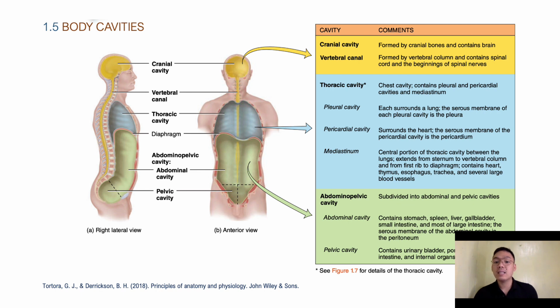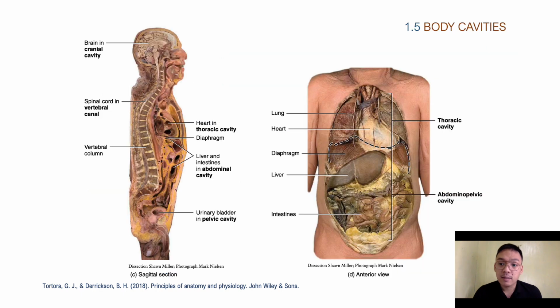Your pelvic cavity contains the urinary bladder and some portion of your intestines and internal organs. Again, in this body here showing your body cavities, the dashed line indicates the border between your abdominal and pelvic cavities.